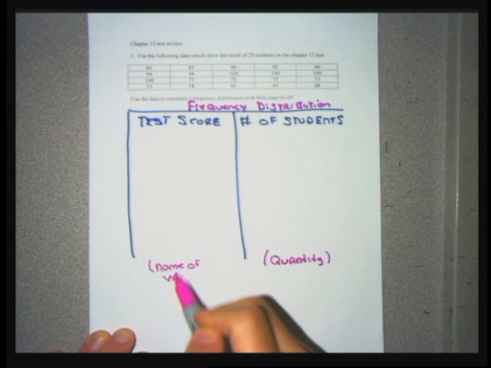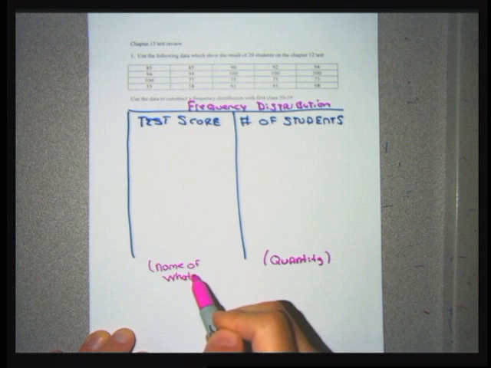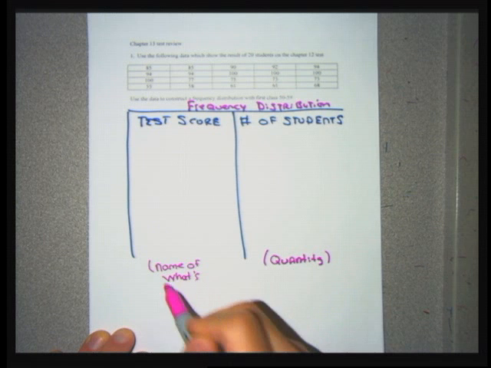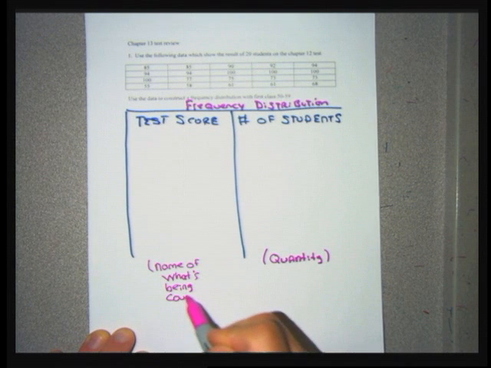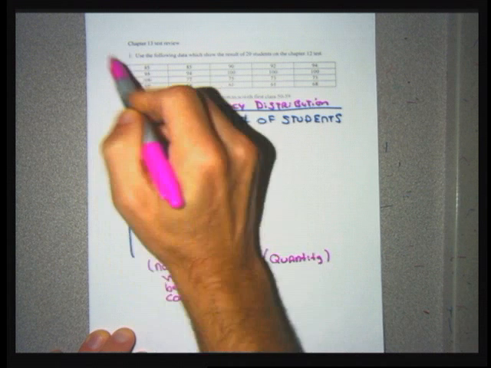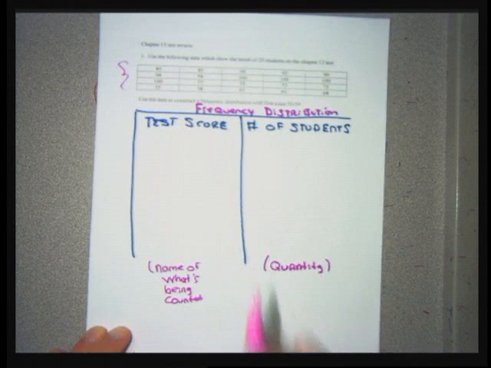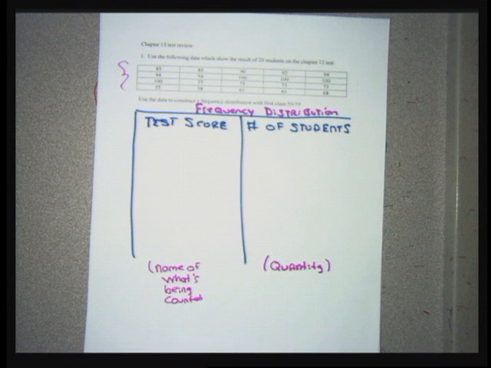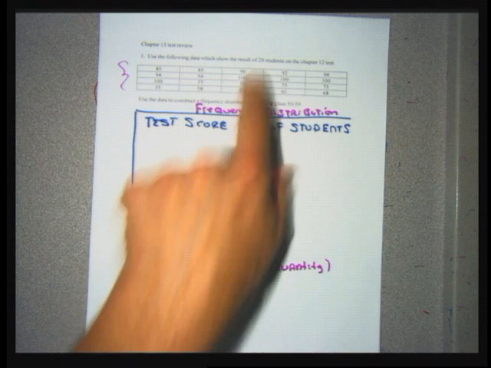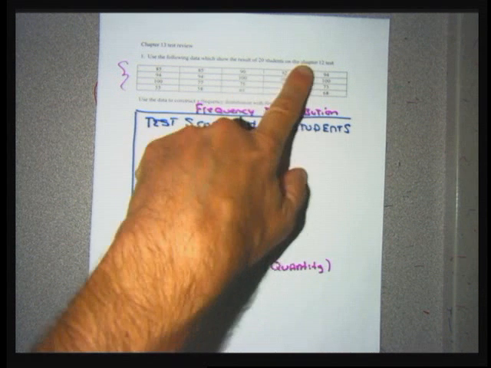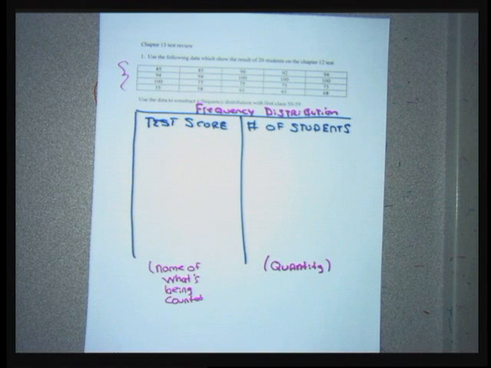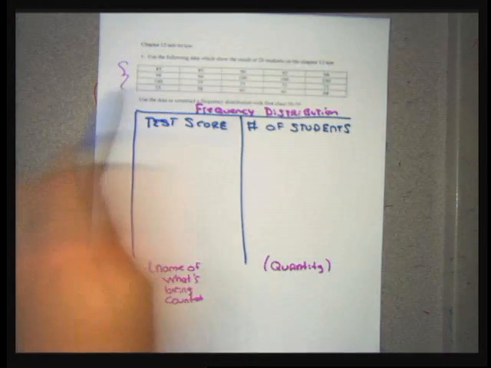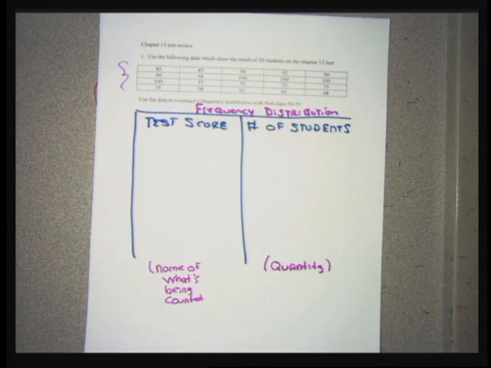And in this problem, the data pieces up here, the things that I'm actually counting, are students' test scores, because this shows the score of 20 students on the Chapter 12 test. And so the name of what I'm counting is test scores, and the quantity is the number of students that had that range of test scores.